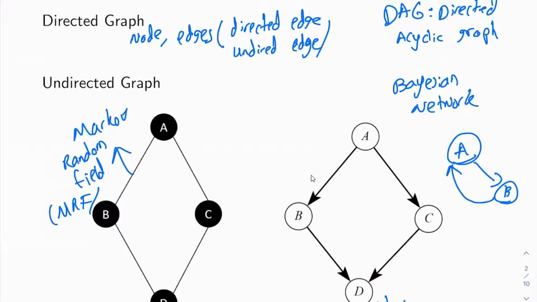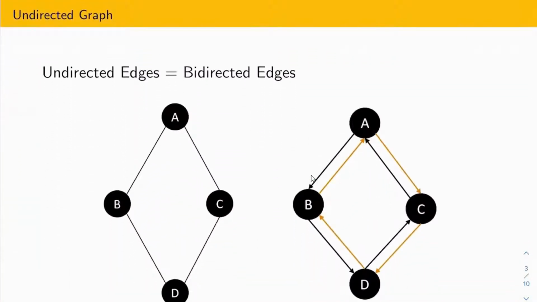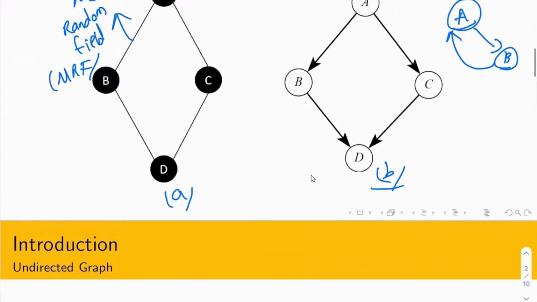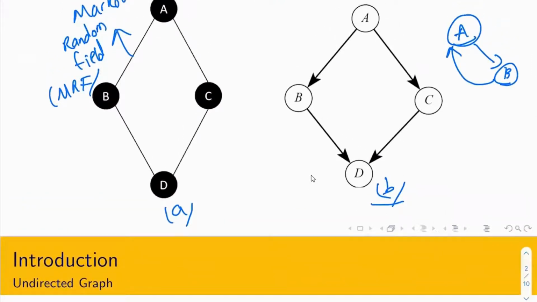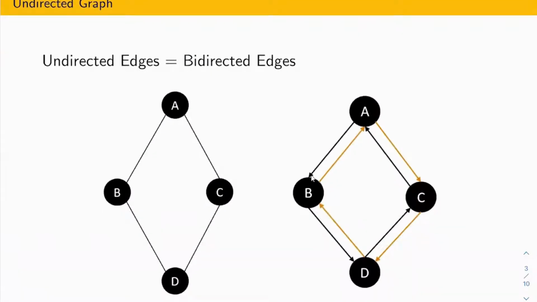Now let's talk about the undirected graph a little bit. Why do I want to talk about this? I said that in an undirected graph, the edges do not have any directionality. Another way to look at that is that they have bidirected edges. So for this A to B, you can look at that in the graph on the right-hand side. There is an edge from A to B, and there is an edge from B to A. So an undirected graph by default actually has cycles.